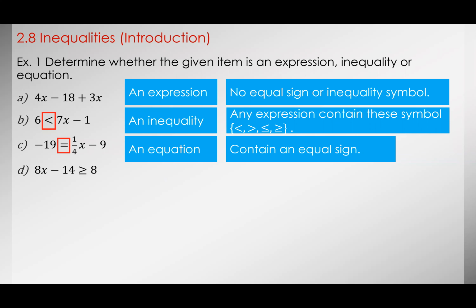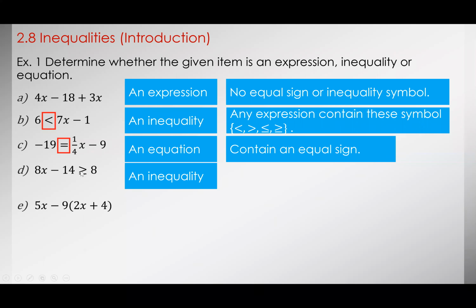What about D here? Well, D has an inequality symbol. It doesn't matter if it's less than, greater than, less than or equal to, or greater than or equal to. As long as they have one of these 4 symbols, it is an inequality. And it doesn't matter if they have parentheses or not. If you look at E, they don't have an equal sign and they don't have an inequality.